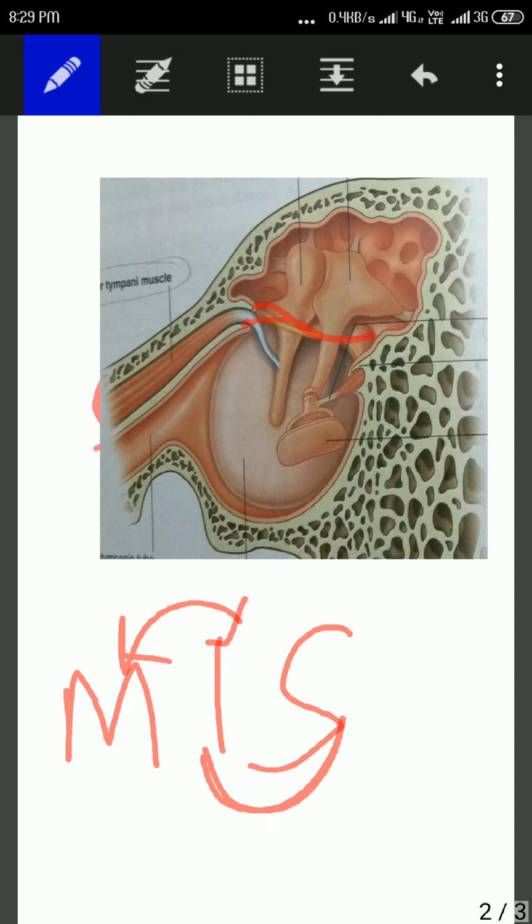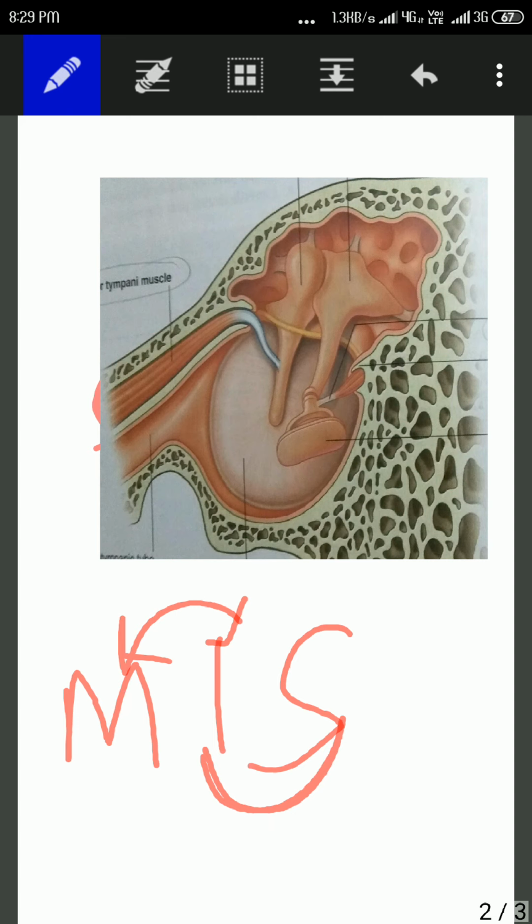This is the chorda tympani nerve. The chorda tympani nerve is in between the malleus and incus. The chorda tympani nerve is going to supply the anterior two-thirds of the tongue and carry the taste sensation from it.